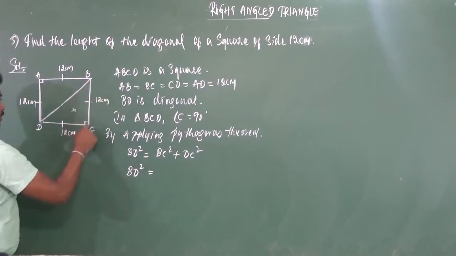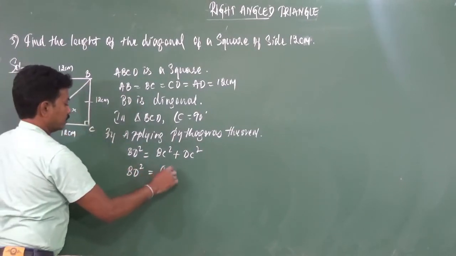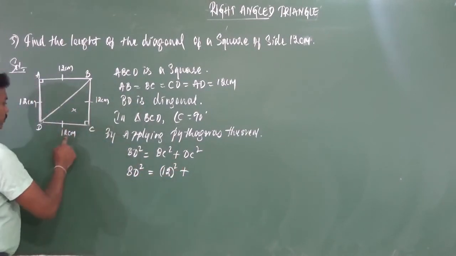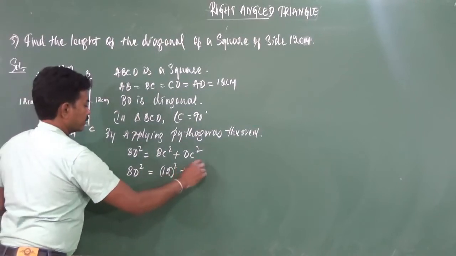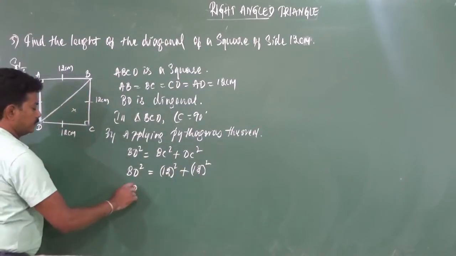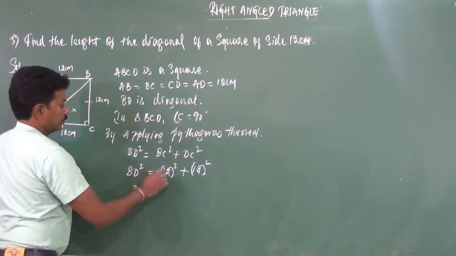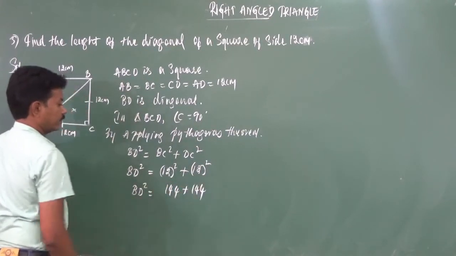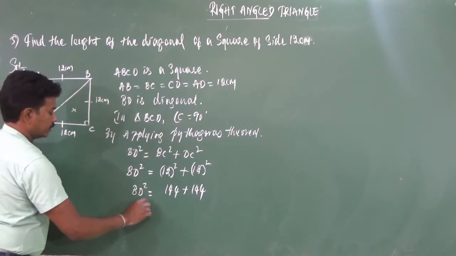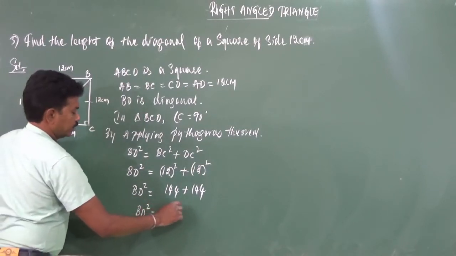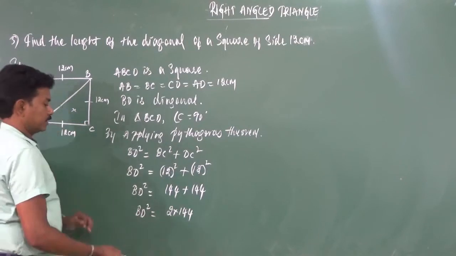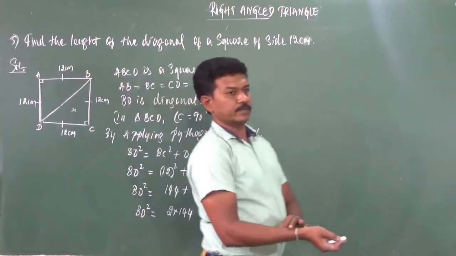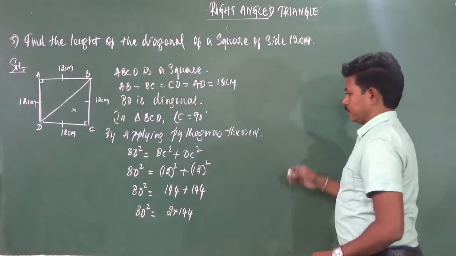BD square is equal to 12 square plus 12 square. So BD square is equal to 144 plus 144, which can be written as 2 into 144.